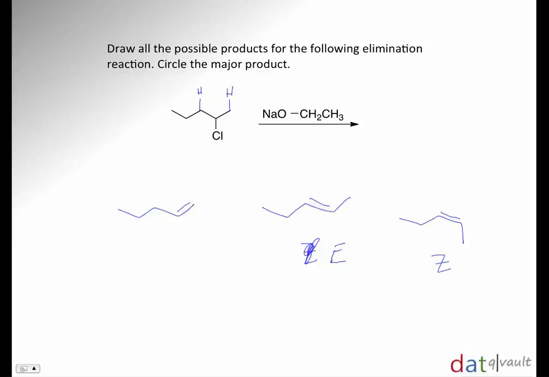Alright, so if we remember, we're going to form the E isomer instead because it's more stable thermodynamically, so this is going to be our major product. And then, of course, our minor product is going to be over here because it's the monosubstituted product. So first and foremost, we want to follow Zaitsev's rule, and then if we are forming an internal alkene, we want it to be the trans alkene.